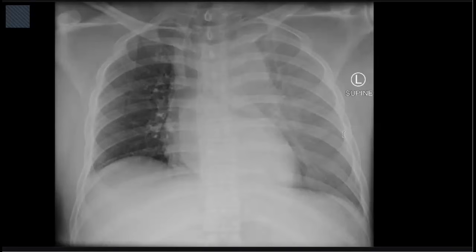I can't see any pneumothorax, and there is no effusion, and I'm looking for any rib fractures, which I'm unable to see any displaced fracture.